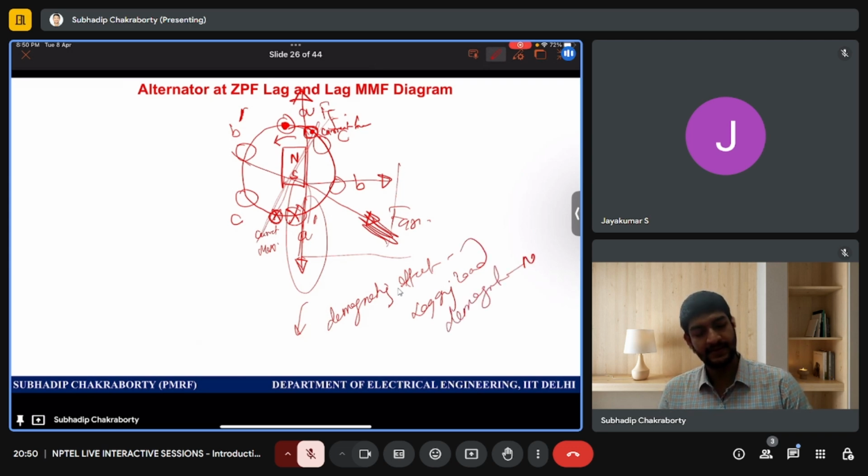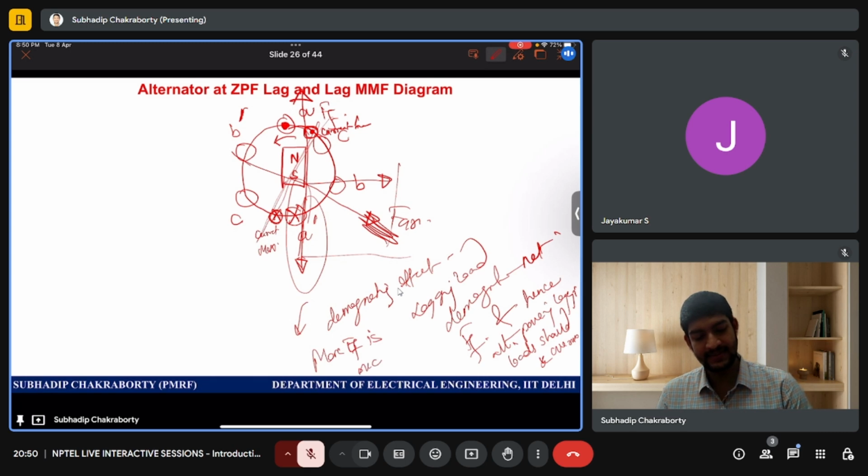demagnetizes net FF, and hence, as we saw in the phasor diagram, an alternator powering lagging loads should be overexcited. Means more EF is necessary.